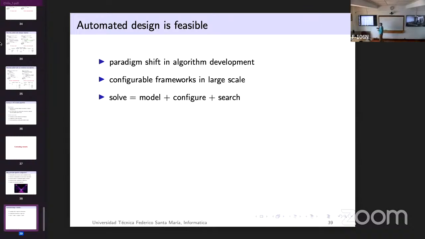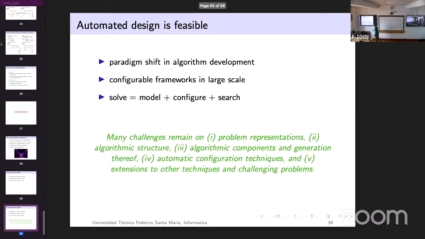Configurable frameworks at large scale, it's very large. It's larger than what has been presented here. And the solving is a model of configuring the parameters and the search with the parameters.